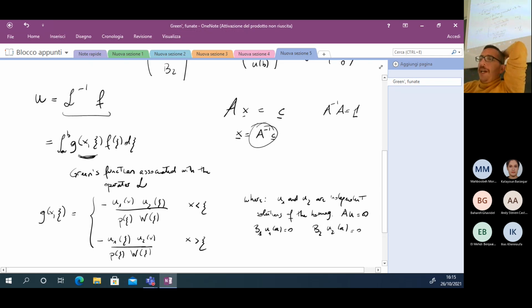So basically u1 and u2 solve the homogeneous differential equation, one with the boundary condition B1 and the other with the boundary condition B2. Not clear?